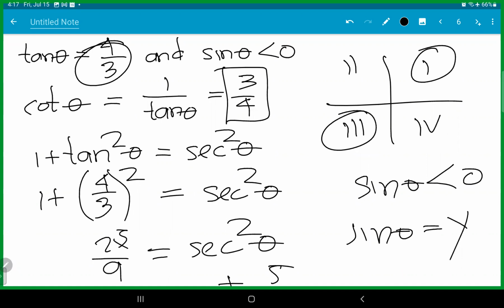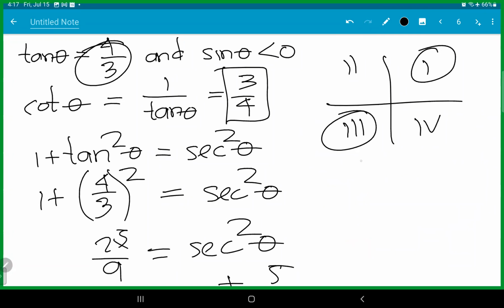Based on the unit circle. So that means the y-coordinate must be negative. So kung y-coordinate mo nasa negative, nasa baba siya. So either quadrant 3 or quadrant 4. So saan siya nagpareho? Sa quadrant 3. Okay?